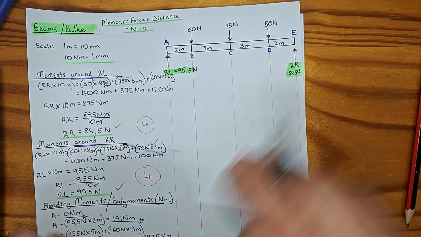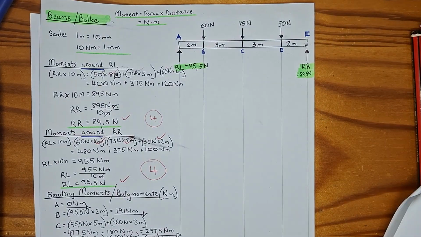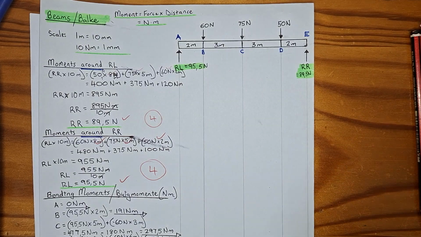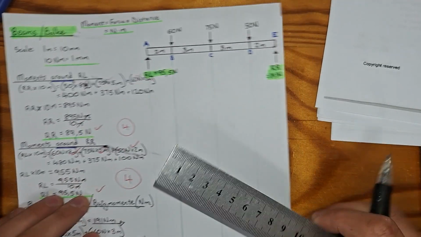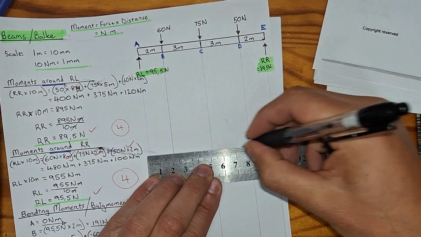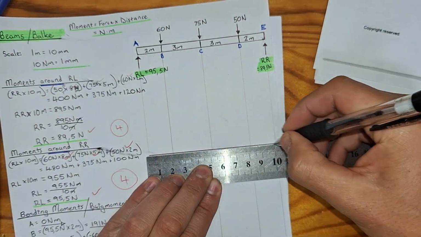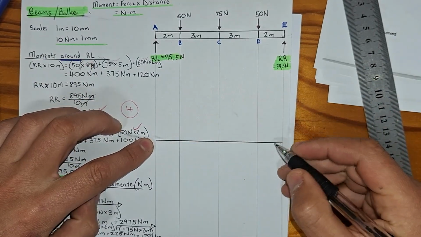Okay, so to do the bending moment diagram, we are going to start with a 0 newton meter line. So we will start by drawing a horizontal line over here. And firstly, this will be the 0 newton meter line.